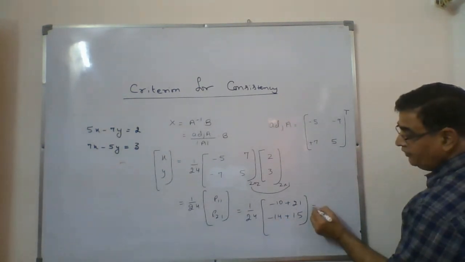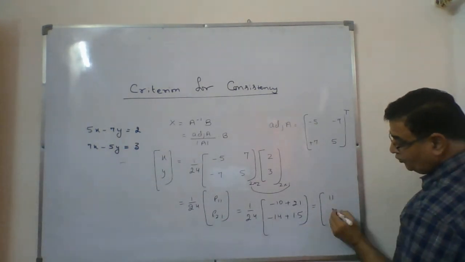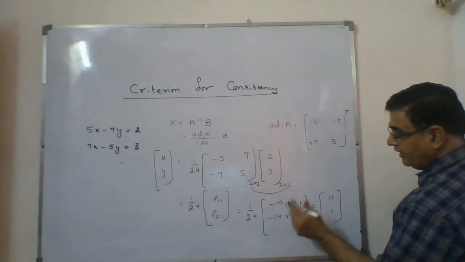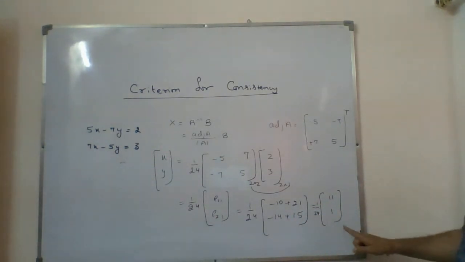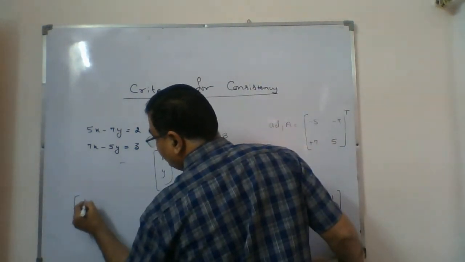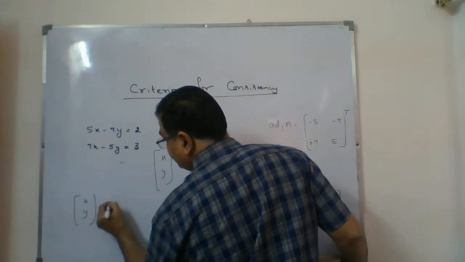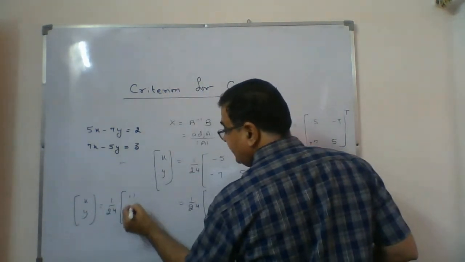Now when you solve it, how much will it come out to be? 11. And this will come out to be 1. And 1 by 24 remains as it is. So what should be X now? I got X comma Y is coming as 1 by 24 times 11 and 1.